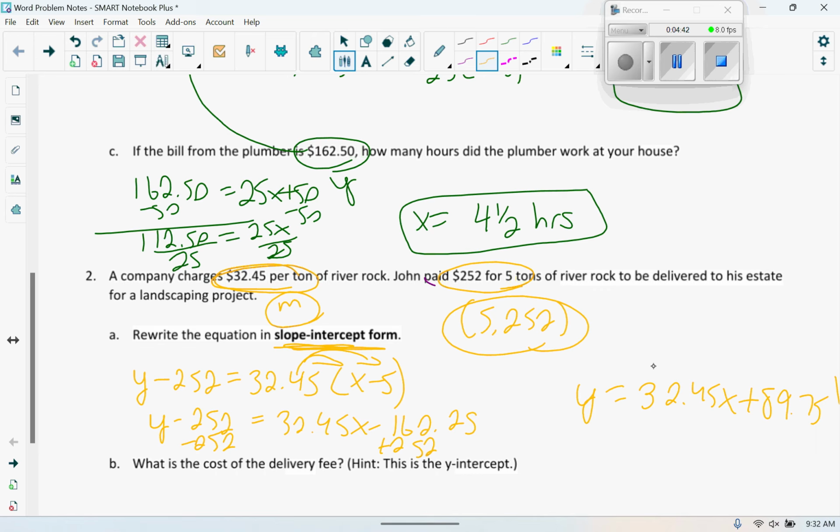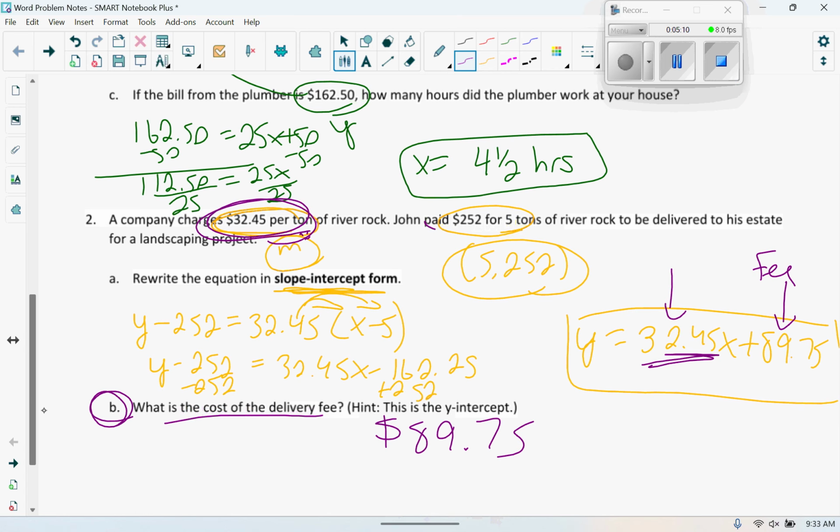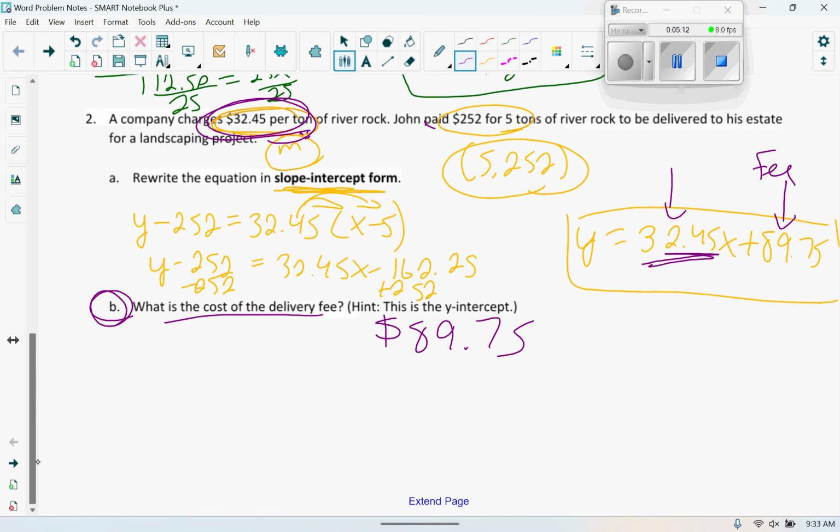So this tells me a lot of information. Every ton, they're going to charge me 32.45, which makes sense, we already know that from back here. But then this is some kind of fee. It says, in part B, what is the cost of the delivery fee? That's going to be my one-time fee, that delivery fee, and I'm going to say $89.75.